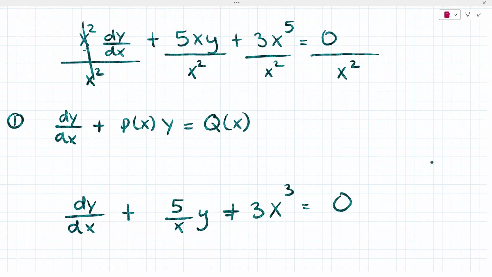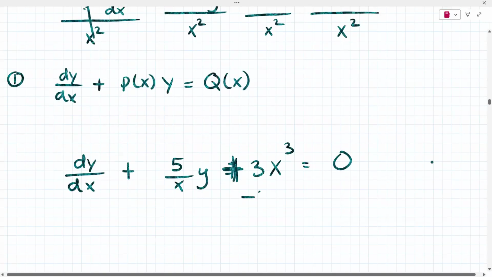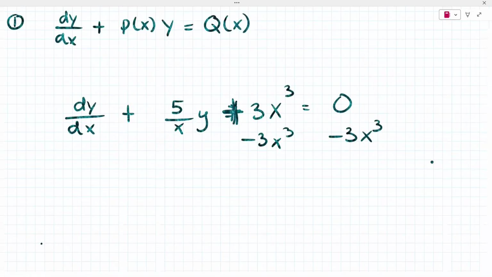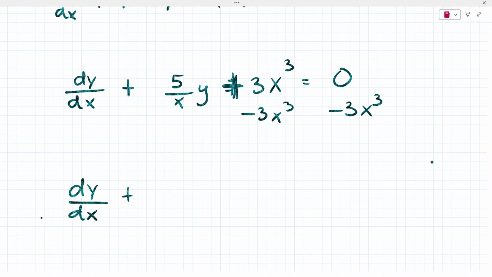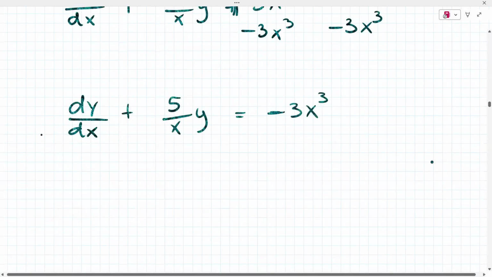What I have to do is, yeah, this is still plus, not minus. What I have to do is move this 3x cubed to the right. I should have done that first. So I'm going to subtract 3x cubed, and you get dy/dx plus 5 over x y equals negative 3x cubed. Okay.